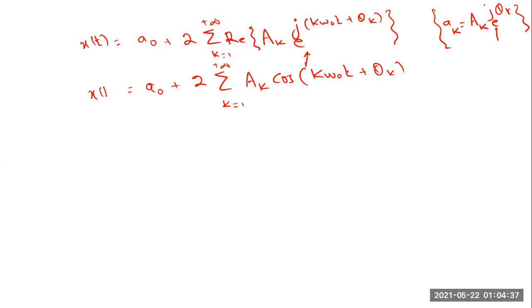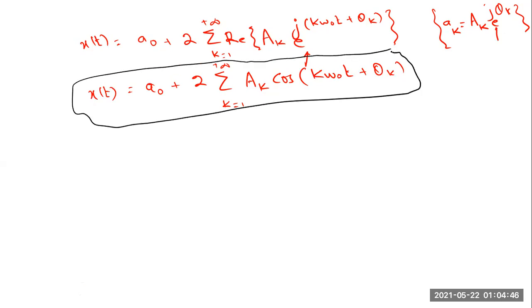So this is the alternate form that I was talking about, which is representing the periodic signal as a linear combination of cosine functions, which are sinusoids.